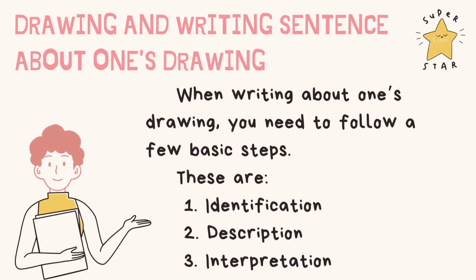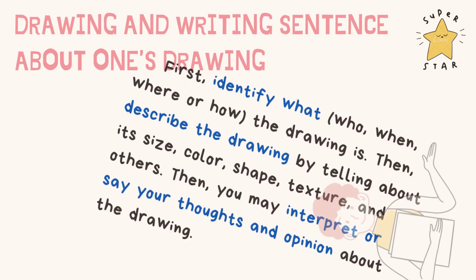Let's start with drawing and writing sentence about one's drawing. In doing this, you need to follow a few basic steps. And these are first, identification, second, description, and third, interpretation.